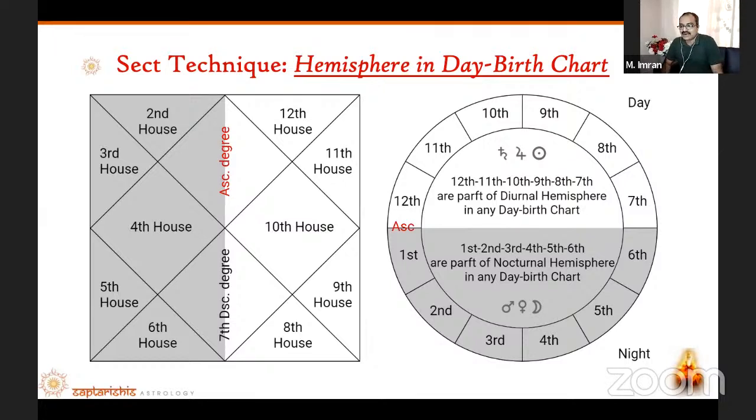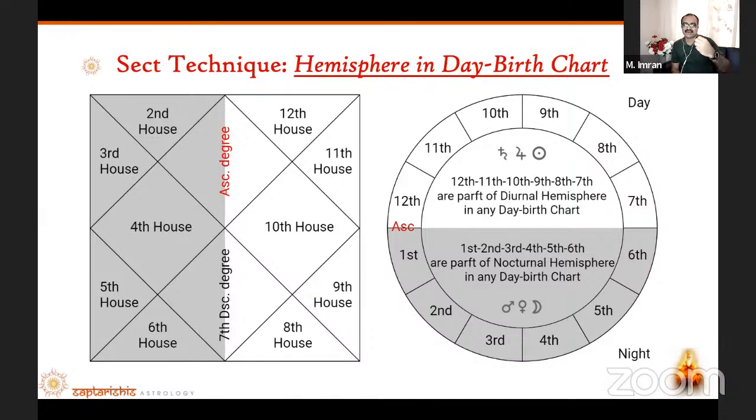And in your chart, the half made of the first house, 12th house, 11th house, 10th house, 9th house, 8th house, and half of the 7th house, or sometimes full, is the visible hemisphere, the diurnal hemisphere. This is important. And the other half of the chart is the invisible hemisphere, and therefore it is called the nocturnal hemisphere.